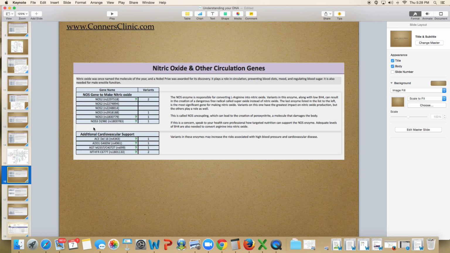Then you have the NOS gene that degrades and creates nitric oxide. Remember I said there's 3 forms of nitric oxide? There's NOS1, or what's called cytokine-inducible nitric oxide. That's what's ramped up in a chronic infection. What's ramped up in an acute infection too, but then it's supposed to degrade.